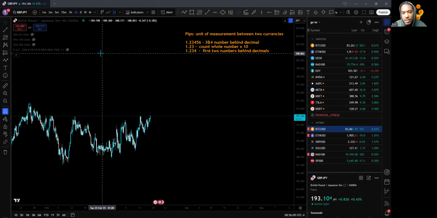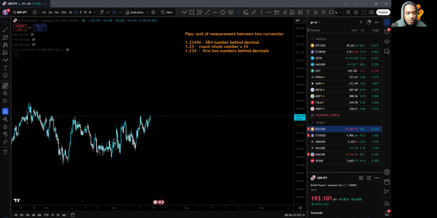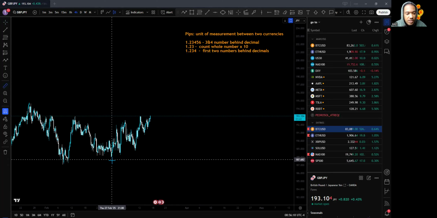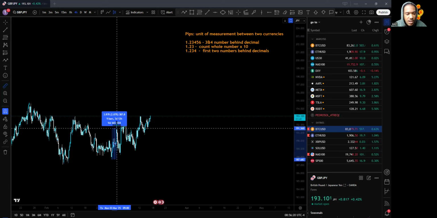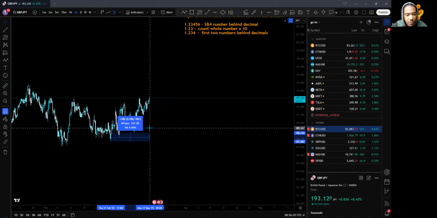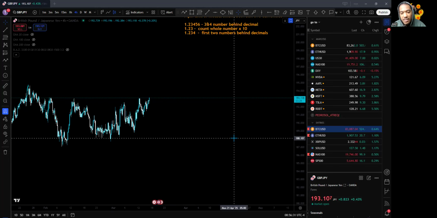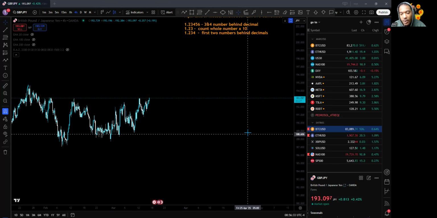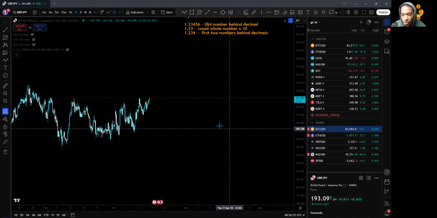Take the ruler, and then you can measure the moves here. You just have to know the conversion. So 387, that's going to be 387 pips for this one. Some of them you may still have to do a manual conversion, but it's not super important for what we're going over.